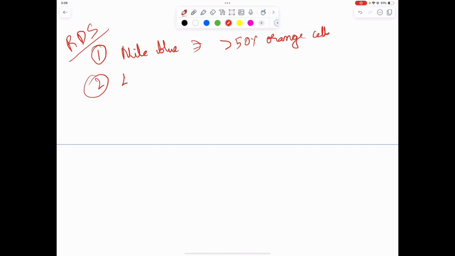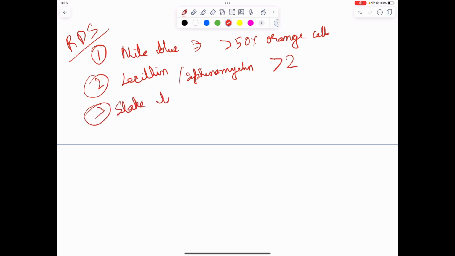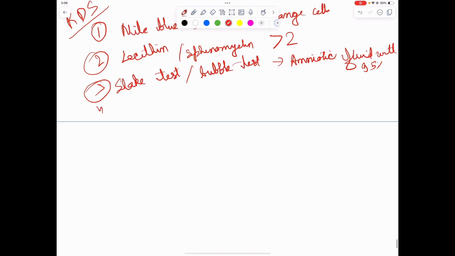Second is lecithin upon sphingomyelin ratio, greater than 2. Third is the shake test, or bubble test: amniotic fluid with 95% ethanol, there is a ring of bubbles.